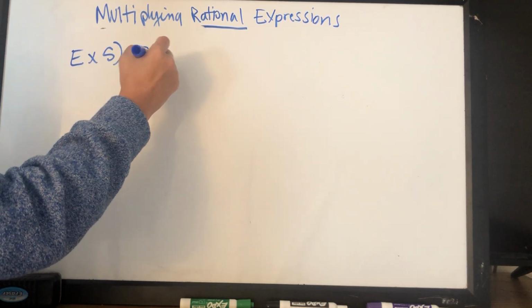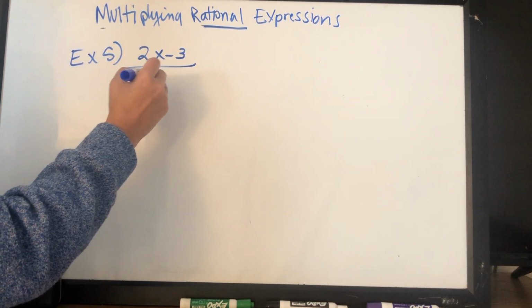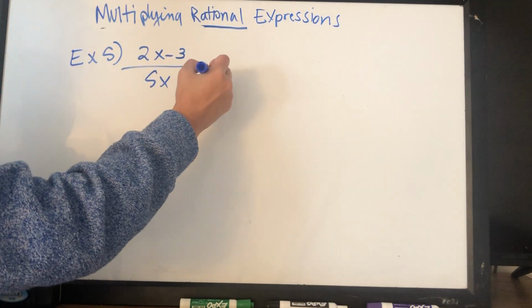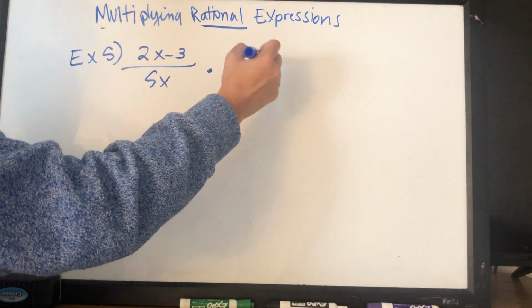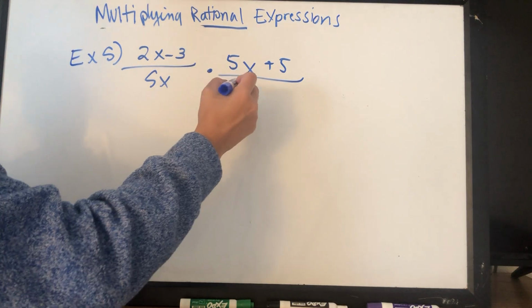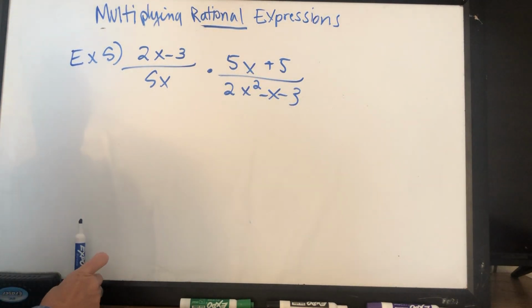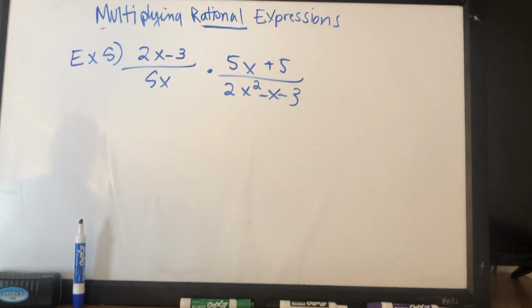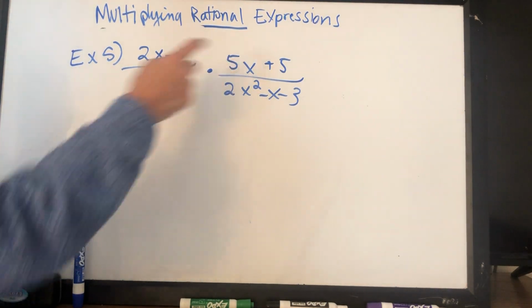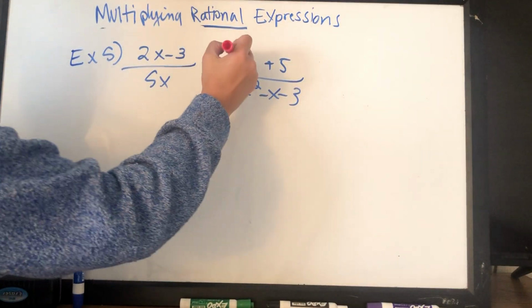I've got 2x minus 3 in the numerator, 5x in the denominator, times 5x plus 5, all over 2x squared minus x minus 3. Okay? Now, again, factor, factor, factor, factor, factor. Some of you will be like, oh, the 5x can cancel. Okay? No. This is a family.